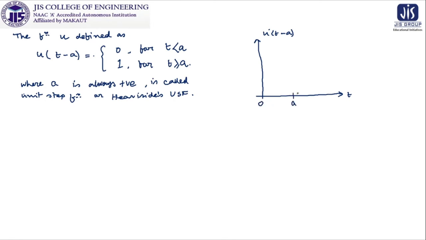This is, suppose, a, and this is, suppose, 1. So this is the geometrical or graphical representation of the unit step function. From 0 to a it is 0, and from a onwards it is 1. So this is the graphical representation of the unit step function.